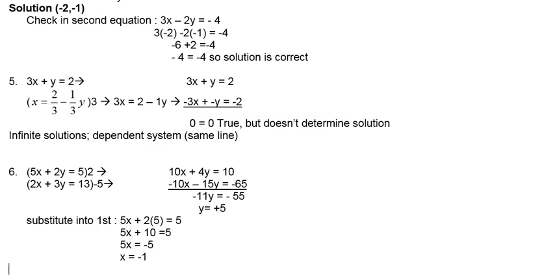And from there we can do our check. So I did my last step in the first equation. I'm going to check in the second. I should write my solution first though. So my solution is x is minus 1, y is 5.